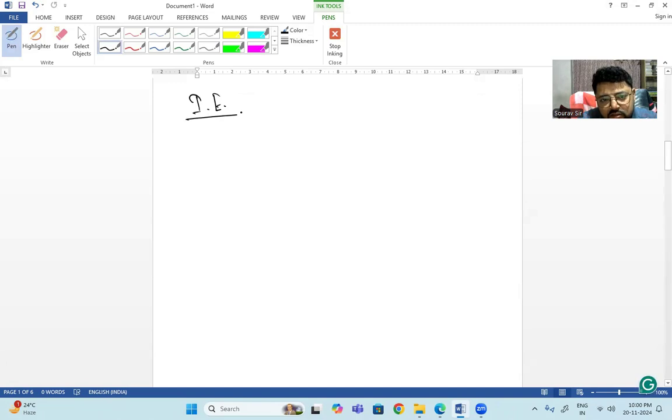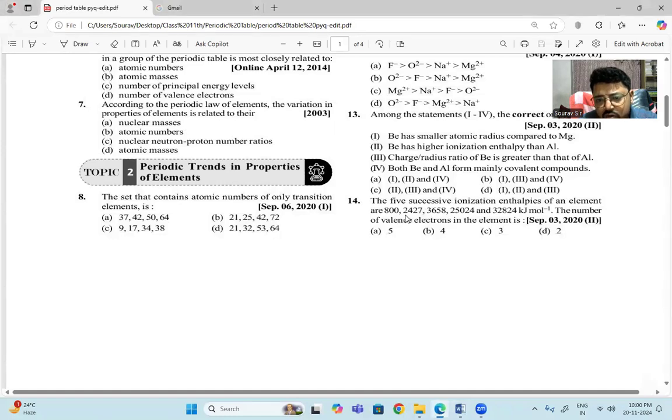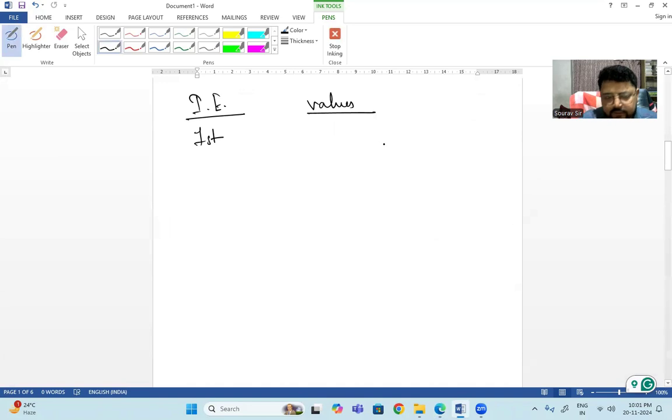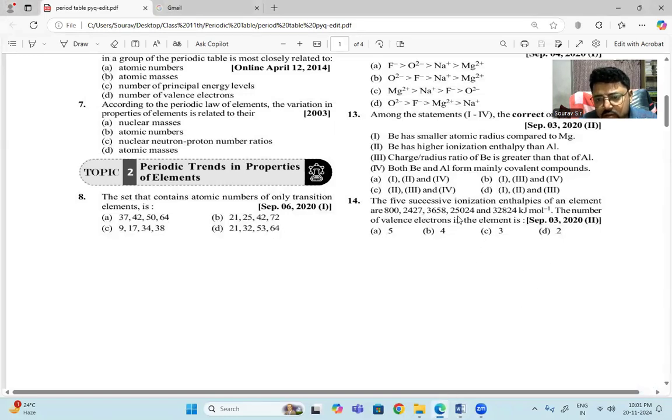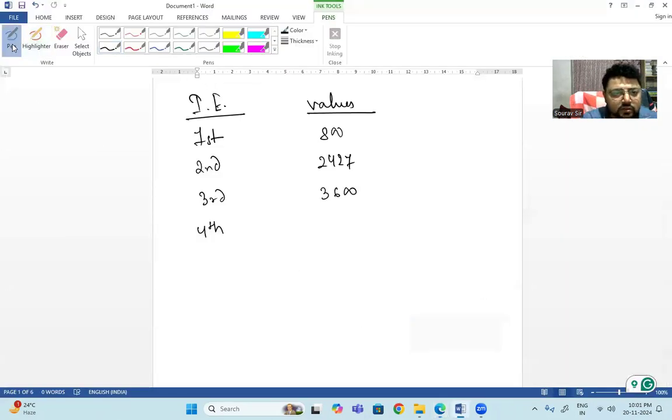So the first ionization energy is 800, the second is 2427, the third let it be 3600, the fourth is 25,000, and the fifth one is 32,000 approximately.